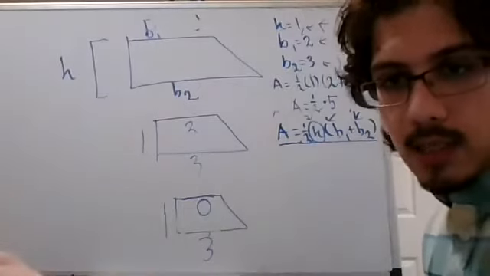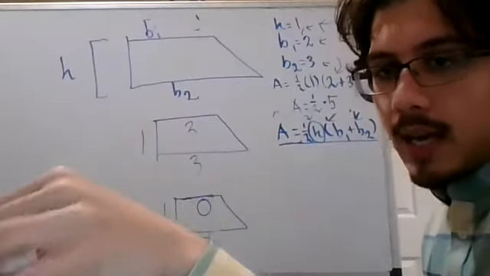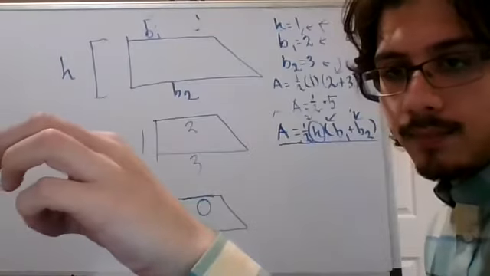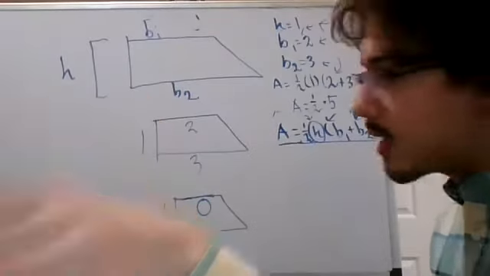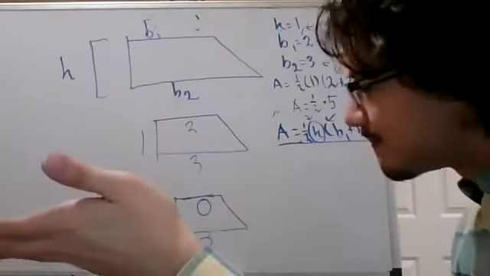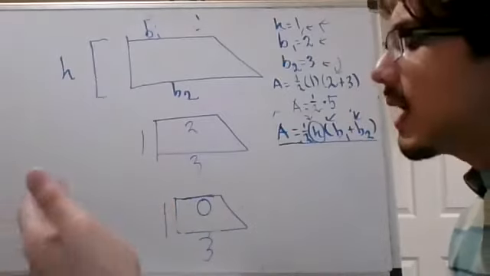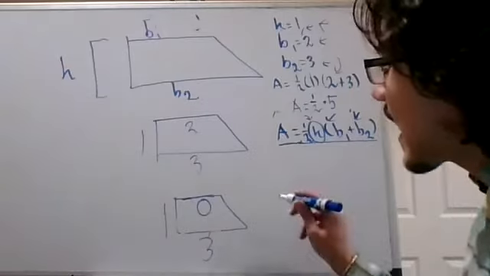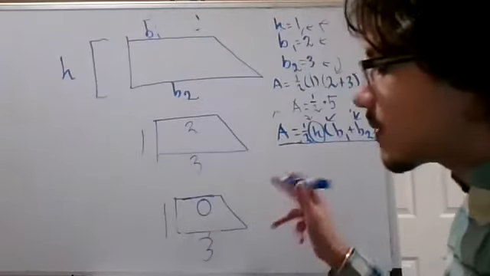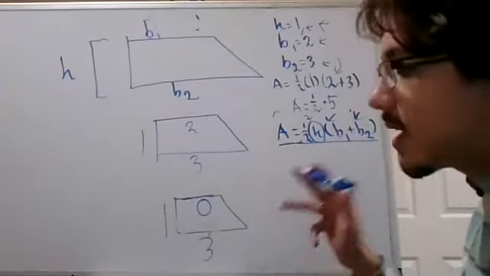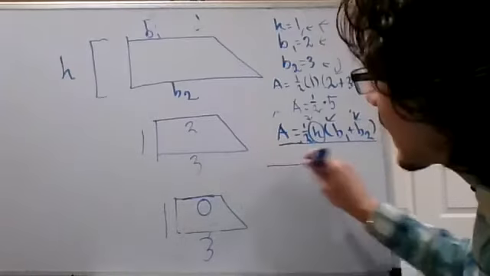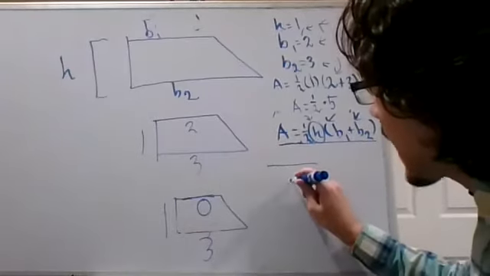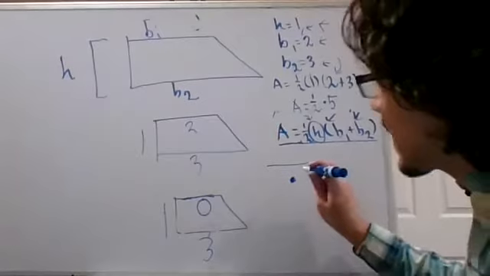So if we use Miss Anusha's justification, how can we have a side of 0 if it has no measurement? It's true. A side of 0 doesn't exist because, as we said before, a side has to be a flat surface. It has to be a line, and you can't have a line that is 0 length because then it would just be a dot.